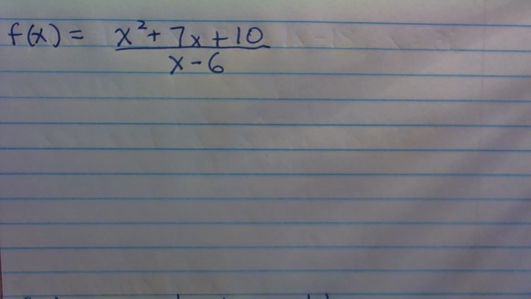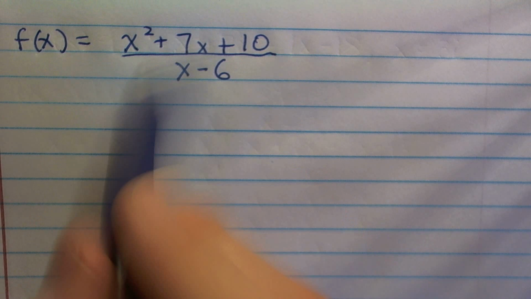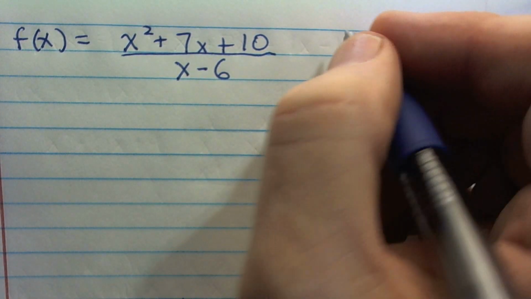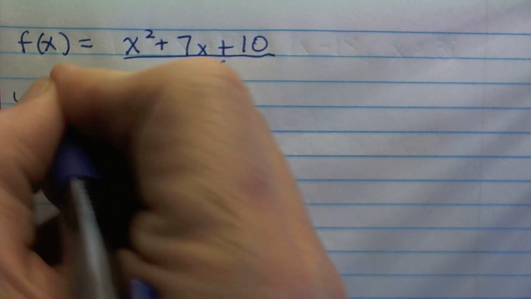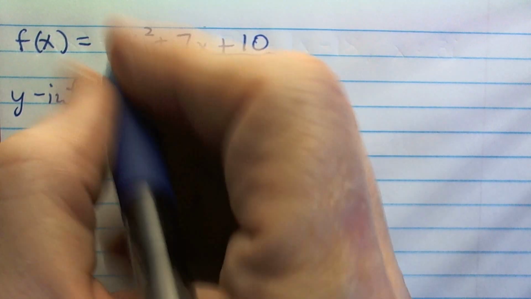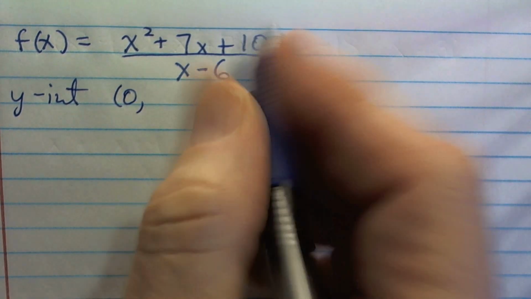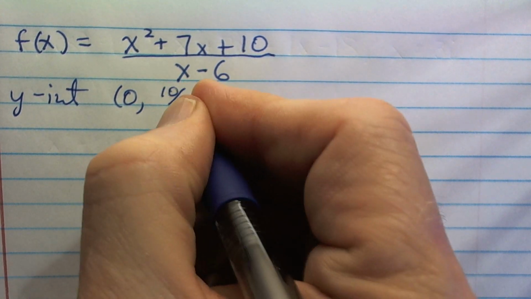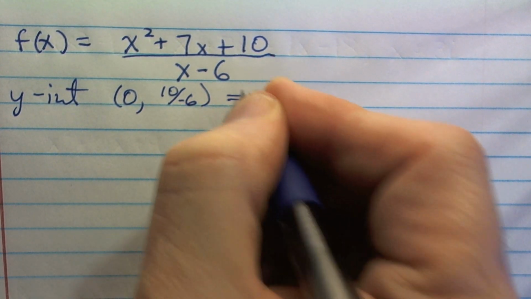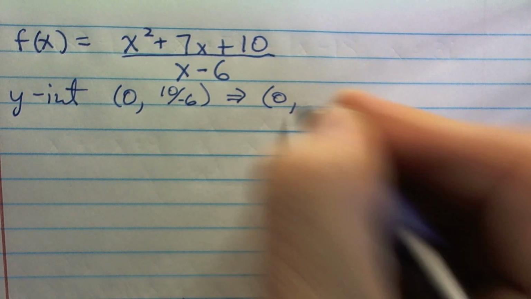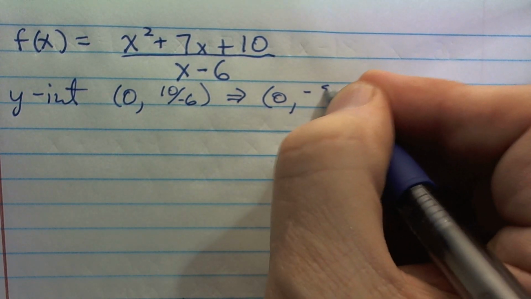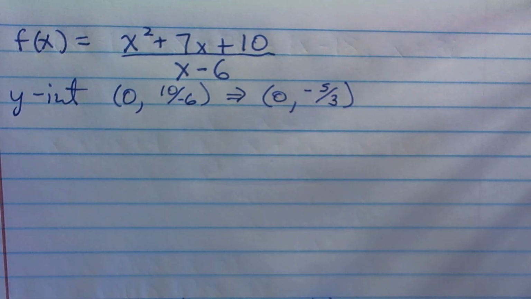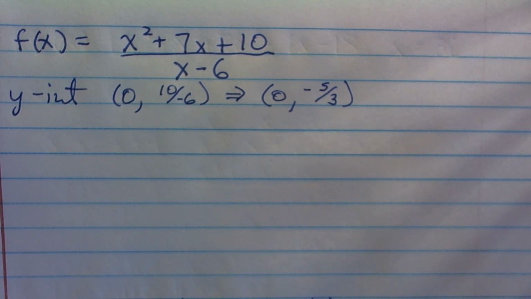Okay. Let's look at another one here. We've got another rational function. We've got the y-intercept. Looks like we're just going to put a 0 in for x, and we get 10 over negative 6. Okay, so that's going to be 0 and negative 5/3. Okay, that's our y-intercept.